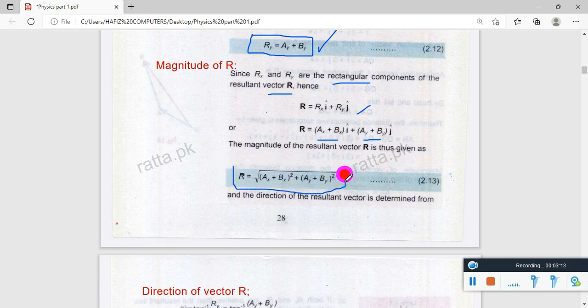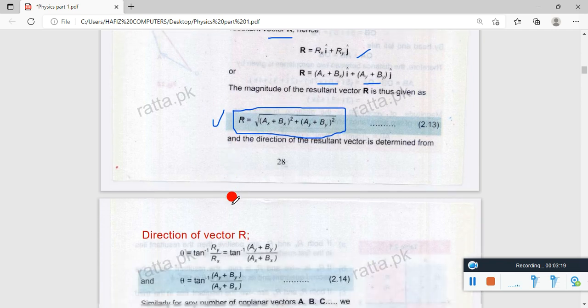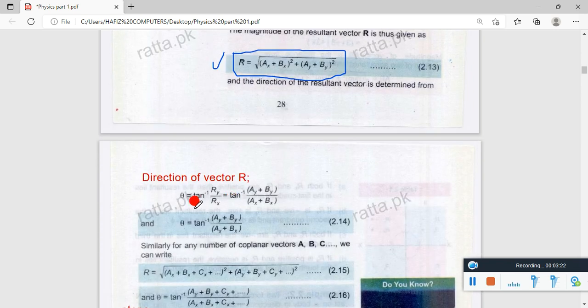Thus the magnitude of any resultant vector R can be determined using this formula, and the direction is given by tan theta equal to Ry over Rx. Thus theta is tan inverse of (Ay plus By) over (Ax plus Bx).